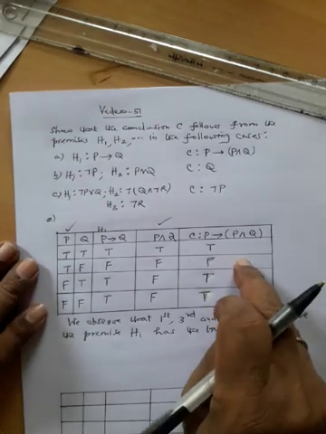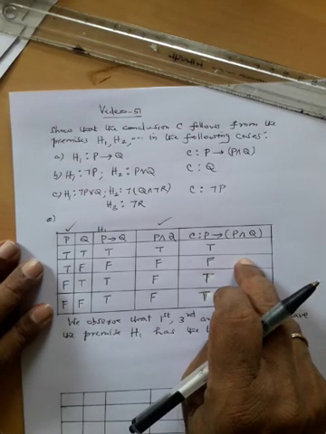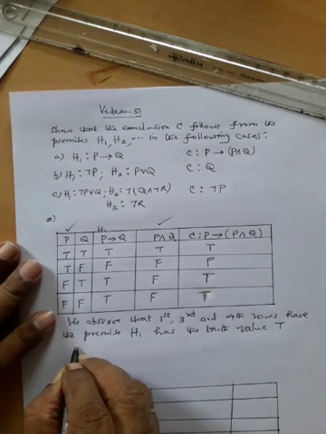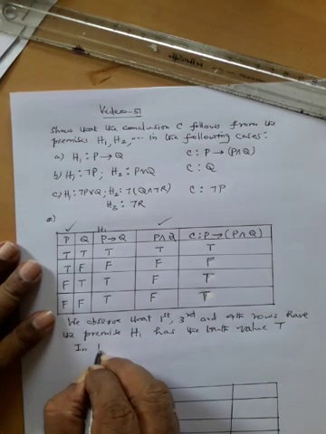Now you can see the conclusion C also has the truth value T in the same rows.